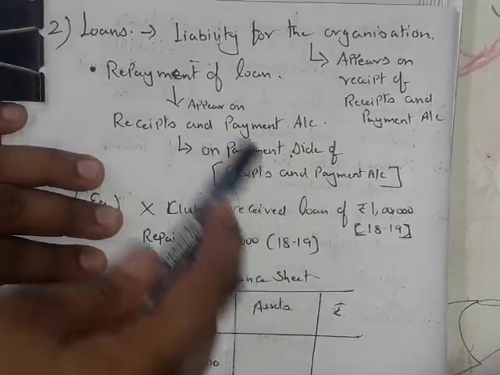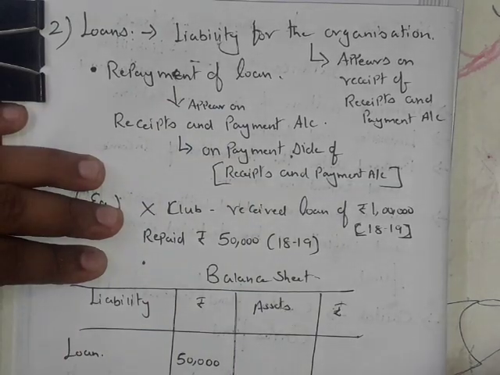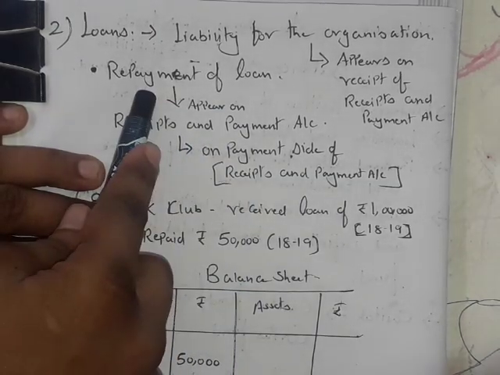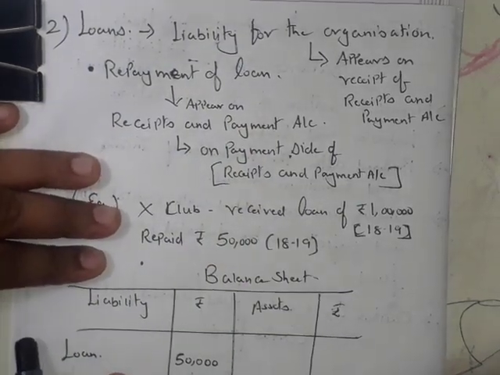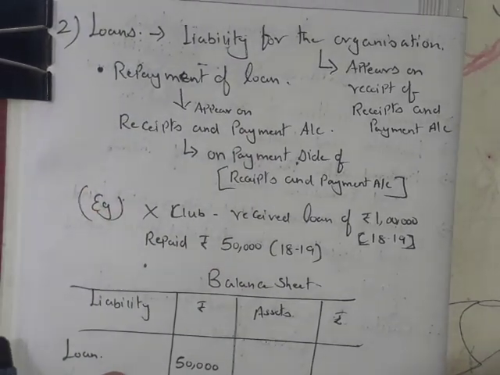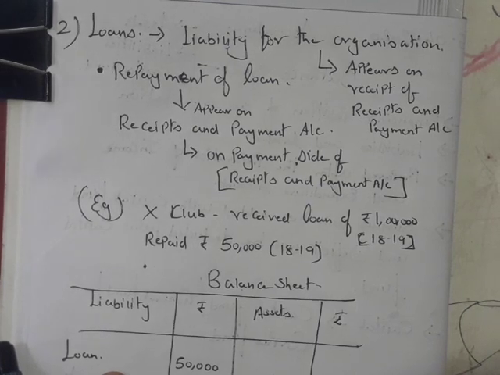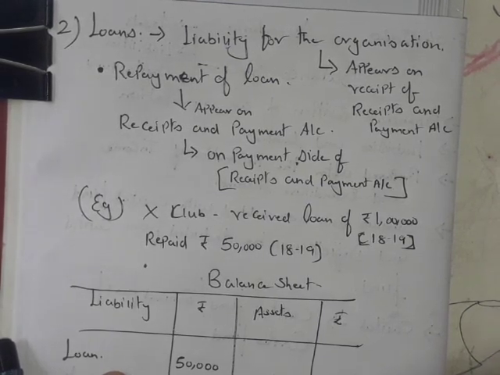In this, you have to be very careful if there is any repayment of loan provided in the question. If there exists any repayment of loan, then you need to eliminate the repayment amount from the overall loan amount, and you need to show only the net amount of loan which is currently in existence.